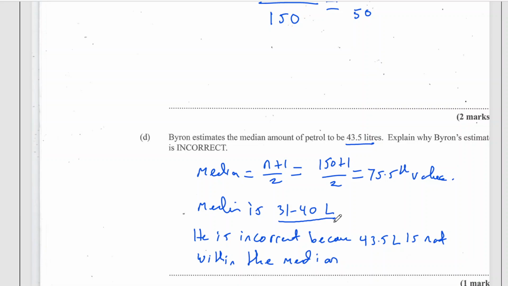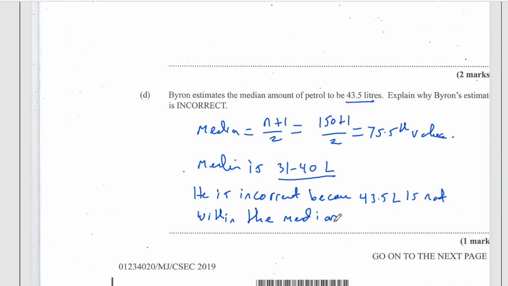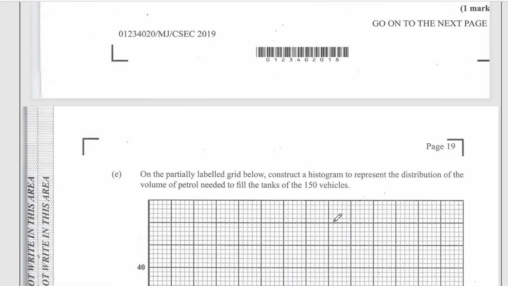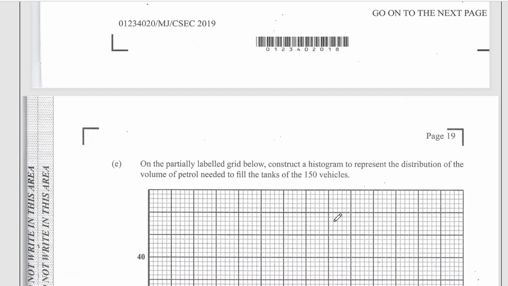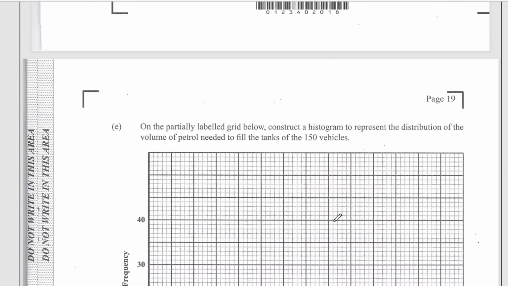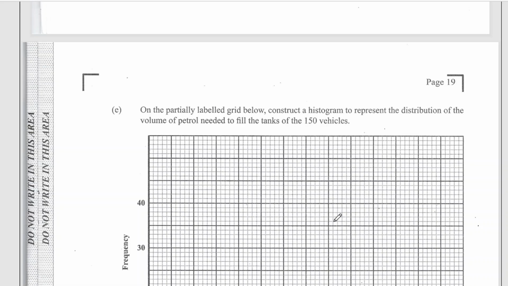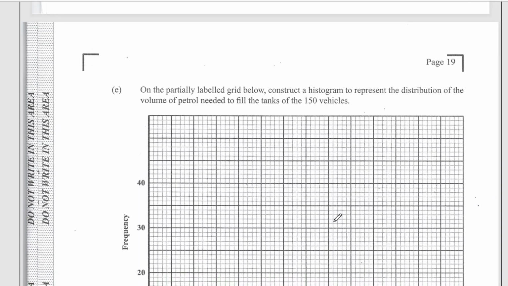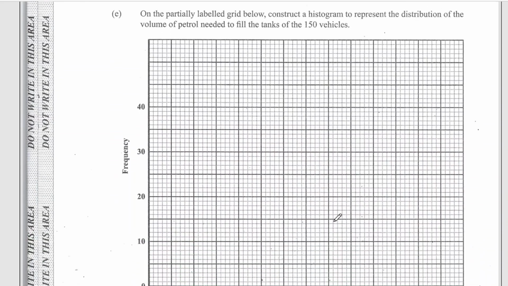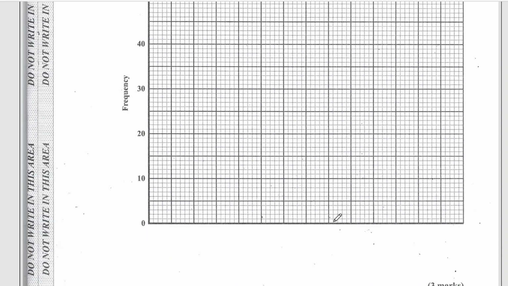Right. And then last up, we had to construct a histogram. On the partially labeled grid below, construct a histogram to represent the distribution of volume of petrol needed to fill the tank of 150 vehicles. Right, so you have to remember the difference between a bar chart and a histogram, right?